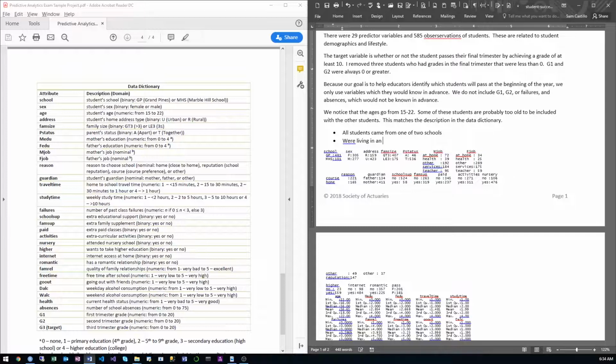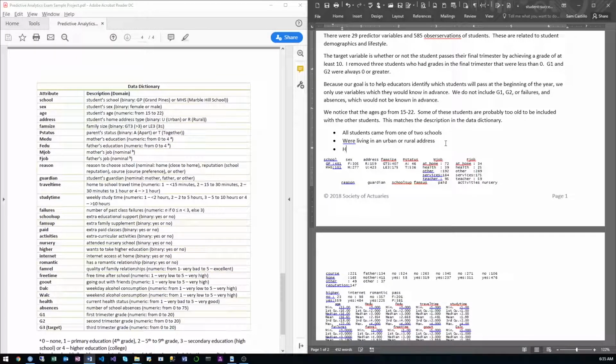Family size: GT3 is greater than or equal to 3, so families of at least 3.